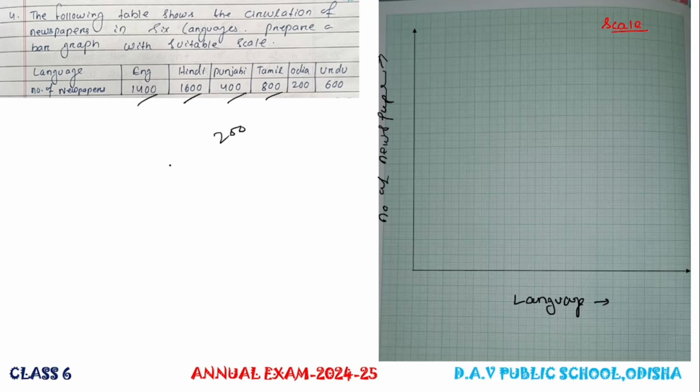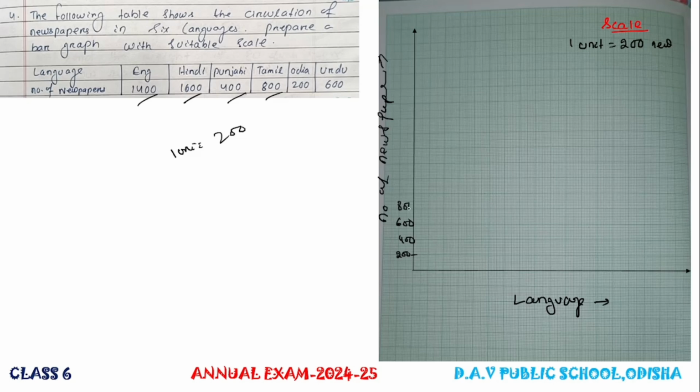Yes or no? So we can write 1 unit equal to 200 newspapers.